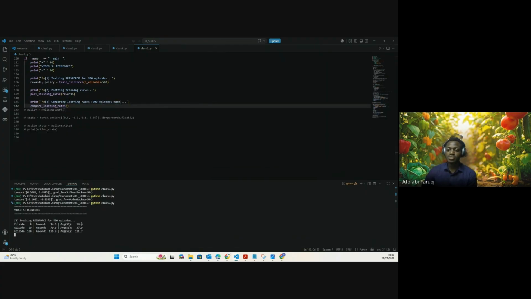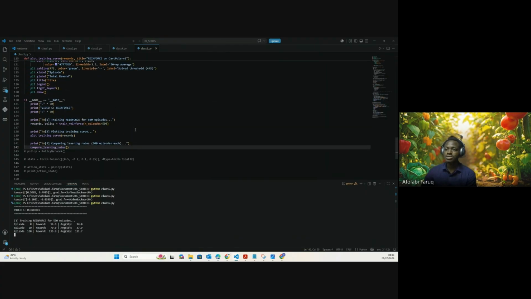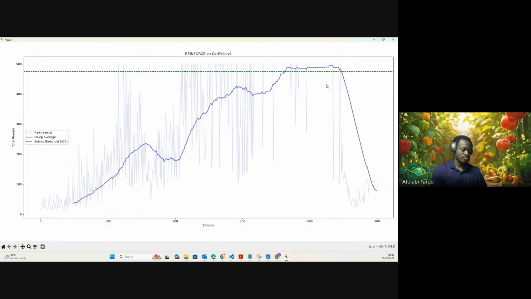I would like to see some graphs. Okay, still learning. So here's episode 150. You can see here the reward is 165 and the average reward is 228. So here is the graph.